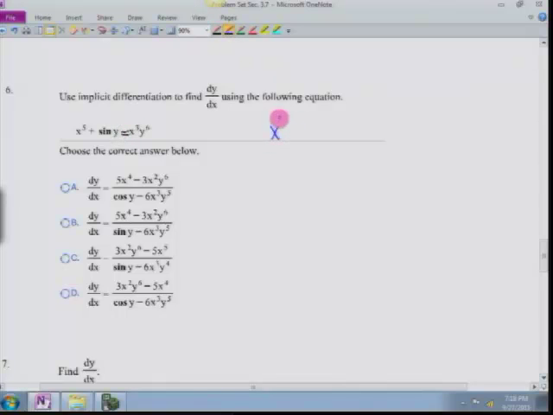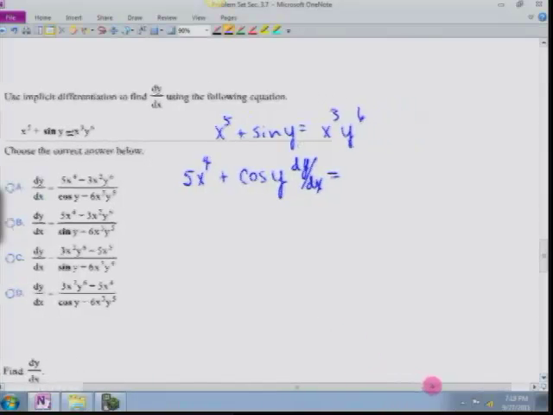Okay, so we've got x to the 5th plus sine y equals x cubed y to the 6th. Okay? So what do we get over here on the left? Okay, so that one's fine, right? Equals. Now, we got a product.